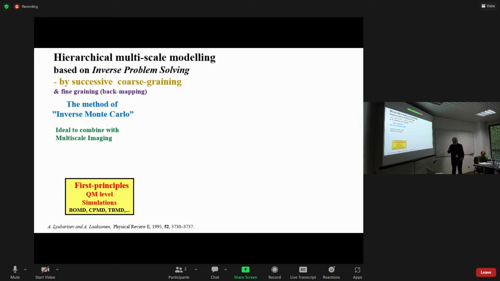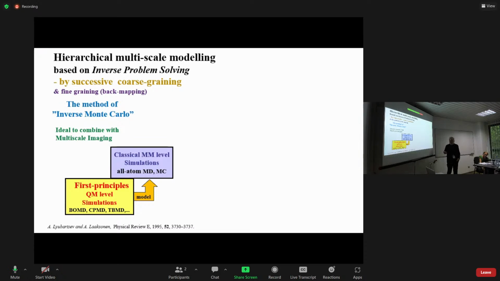But they are methods to perform simulations to treat molecules and how molecules move and their dynamics. And as we saw in the previous slide, we cannot use these first principles methods for very large systems, so we have to start with limited size of systems.